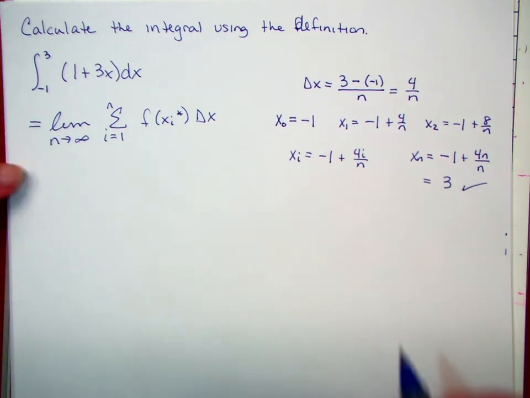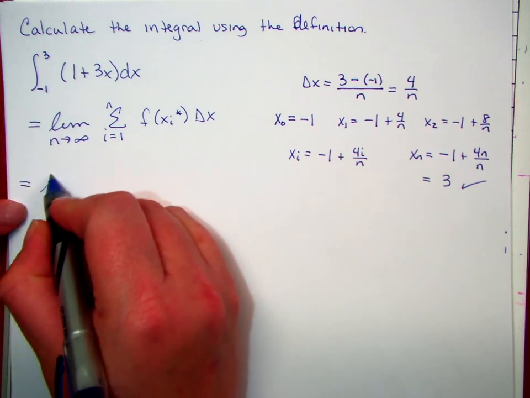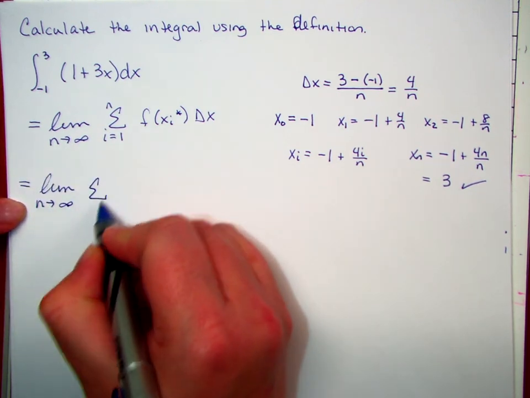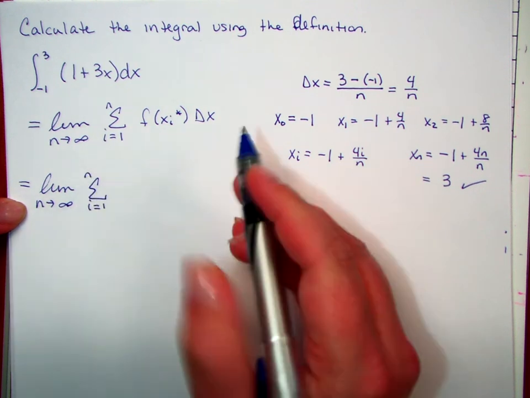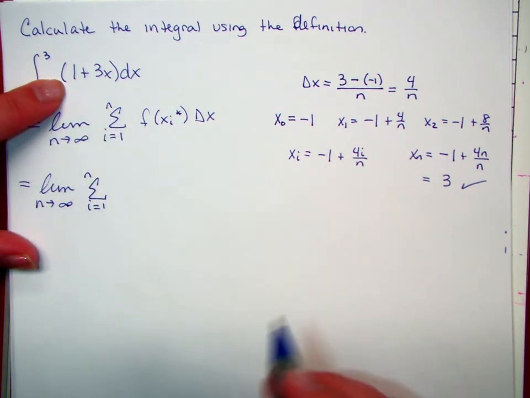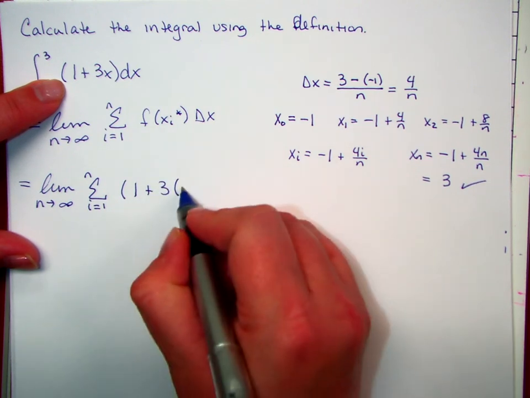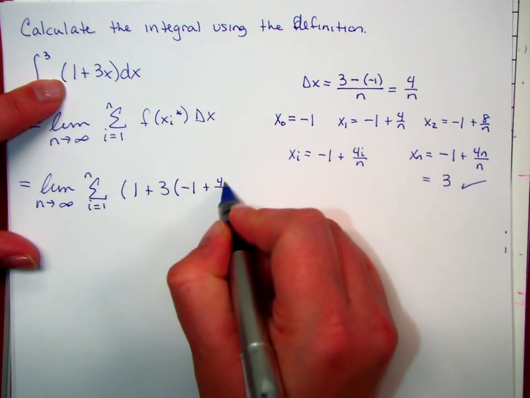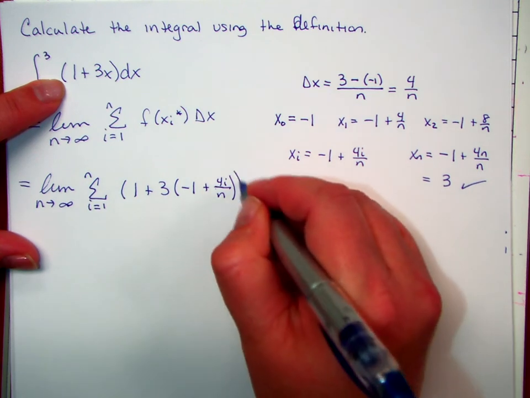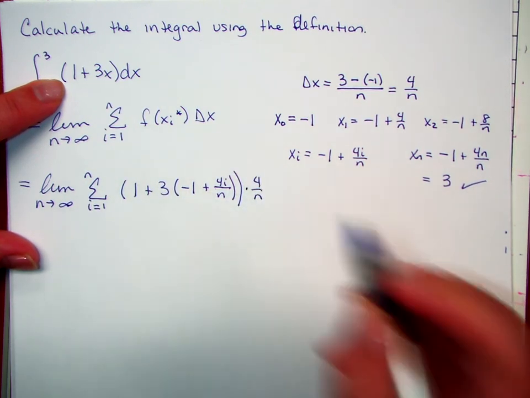So now that I know I have the correct formula for x of I, I'm going to plug it in. So I'm going to get the limit of the sum, right? Let me just plug x of I into my function. So I'm going to get 1 plus 3 times x of I. And then all of this needs to be multiplied times delta x, which is 4 over n, right?